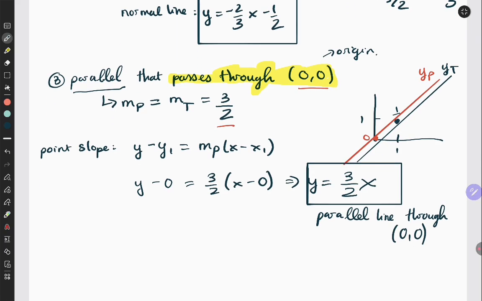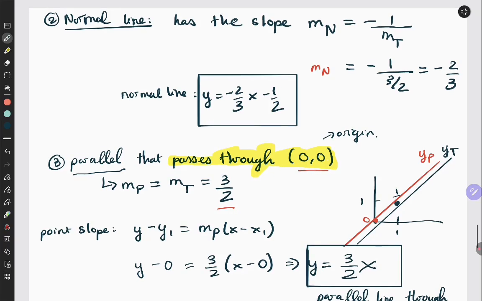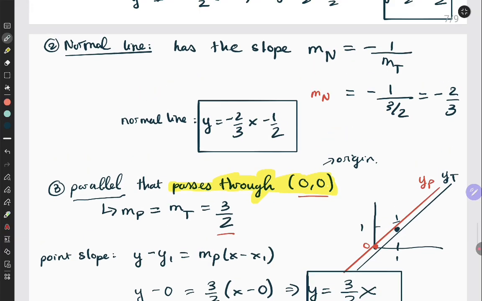So what is the takeaway? Key takeaway from this example? Can somebody tell me a few key takeaways from this example? The only thing that changes would be the b value in the line equation. Okay, b value changes.